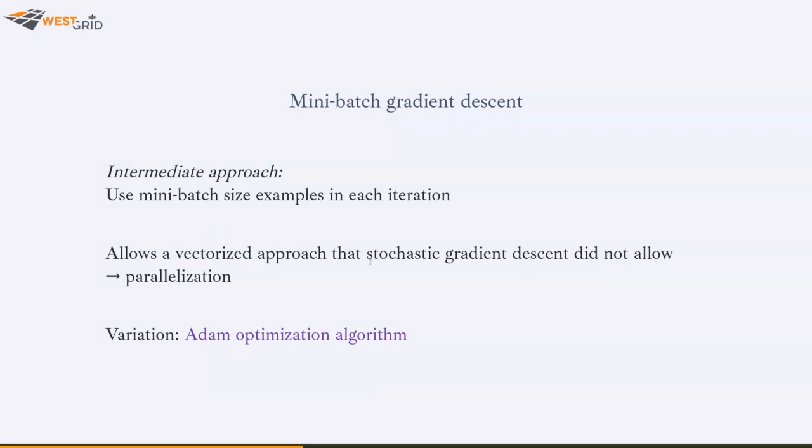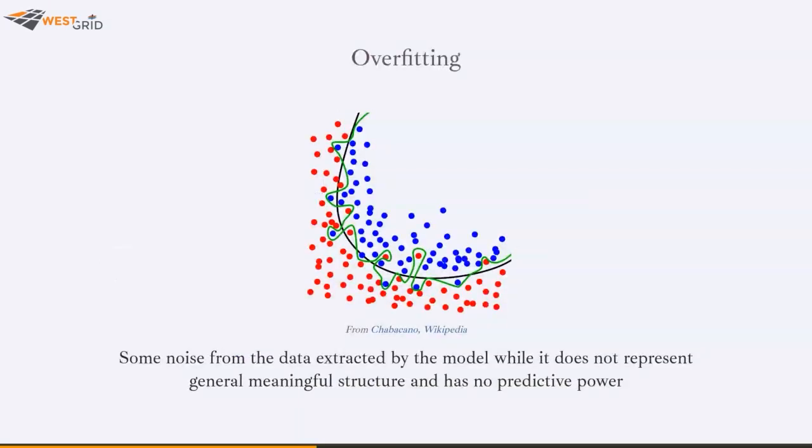But it allows parallelization, because within your mini batch, the examples can be processed in parallel. So it's the intermediate approach that is the most common. And in 2014, a variation of it called ADAM, or the ADAM optimizer, was published. And it's a fairly popular optimizer, and we will be looking at it when we move on to Julia.